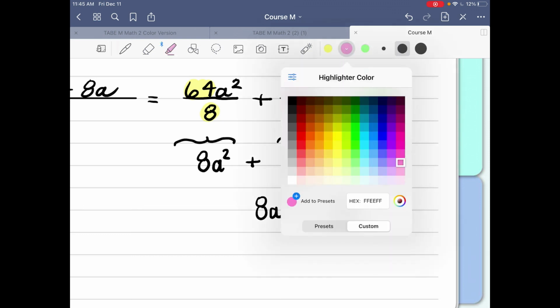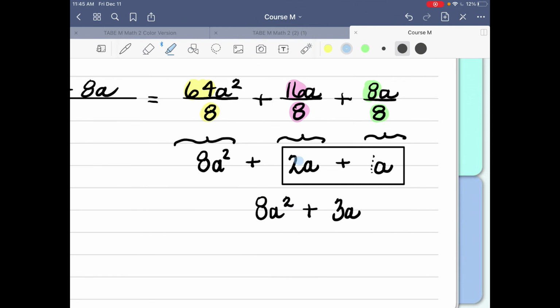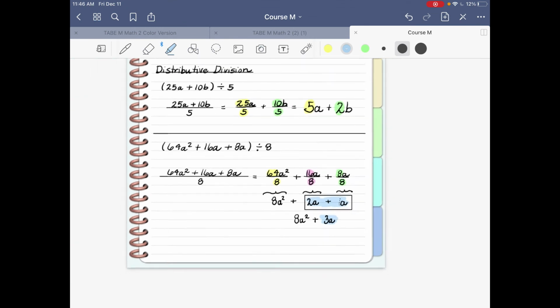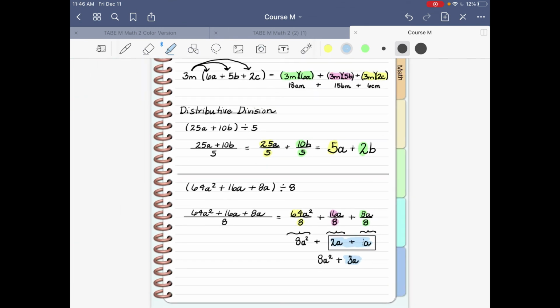Let me highlight that for you. This part gives me this. Okay, distributive division.